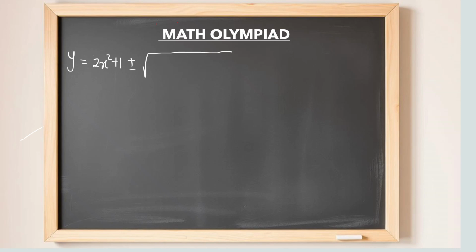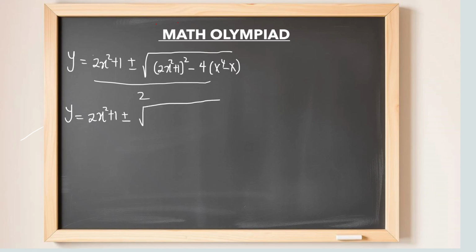If you square the negative sign here, the negative is going to be squared, which is 2x squared plus 1 squared, minus 4ac, which is minus 4 into parentheses x to the power of 4 minus x, all divided by 2. So here I'm going to have y equal to 2x squared plus 1 plus or minus.